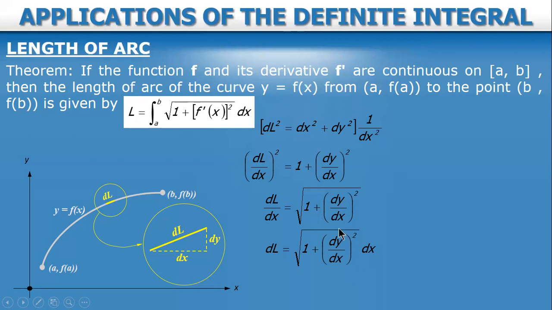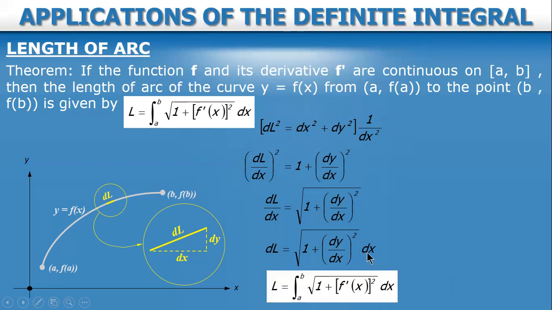So we can replace this by f prime of x. We integrate to get the total length. This is the result, with dx, and then our limit is from a to b. This is the expression for the length of arc.